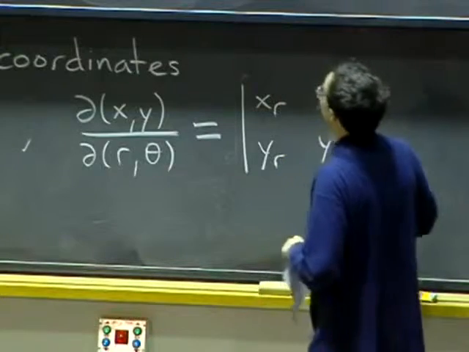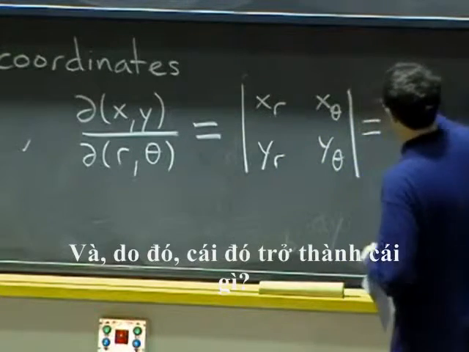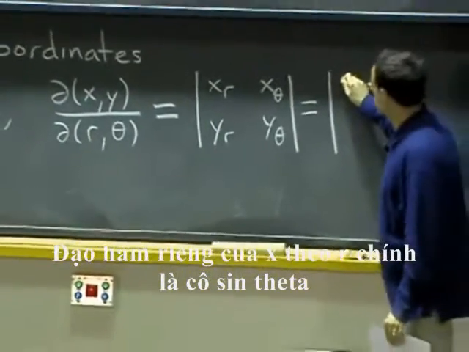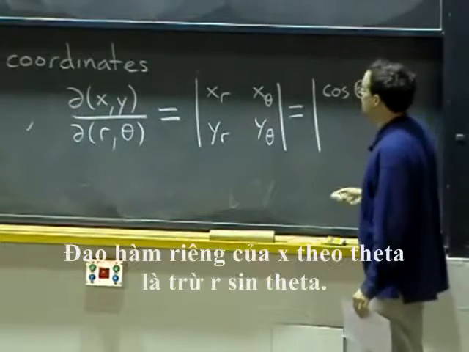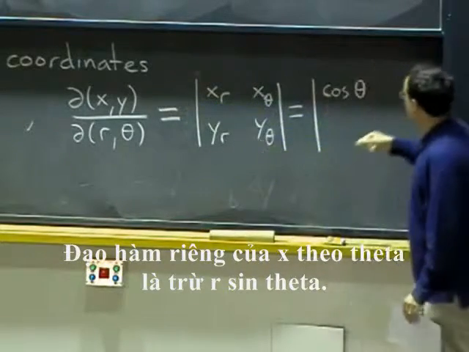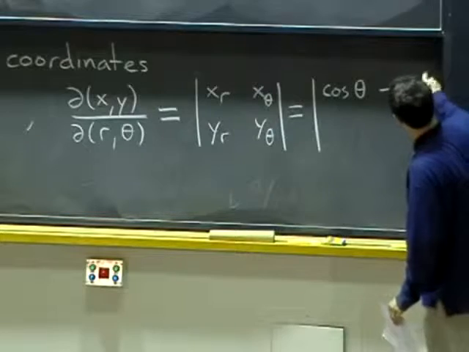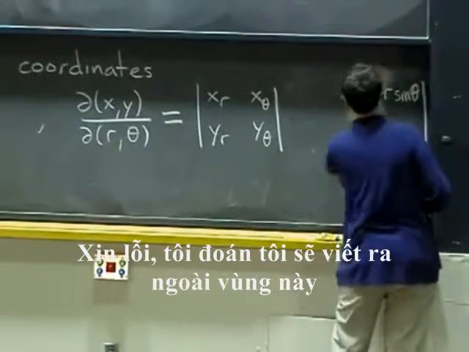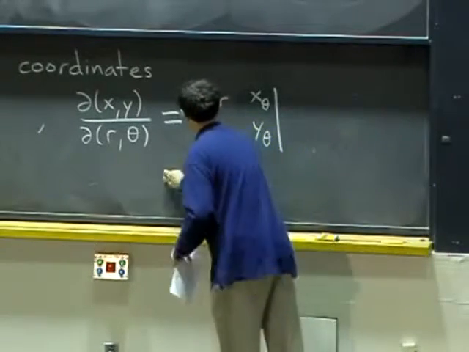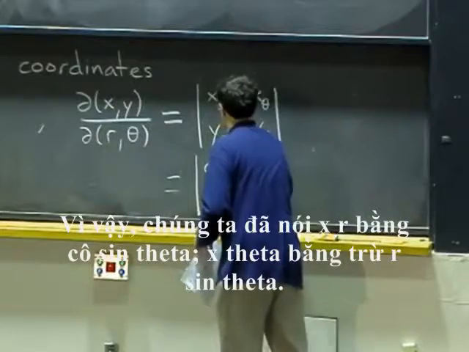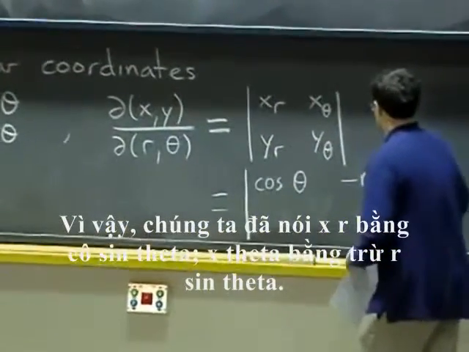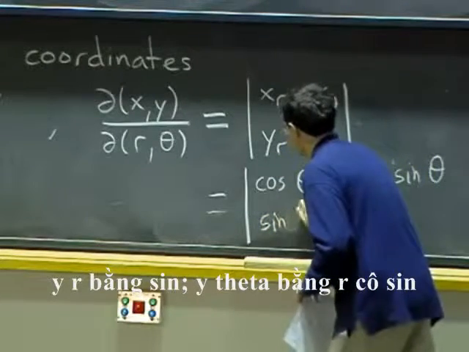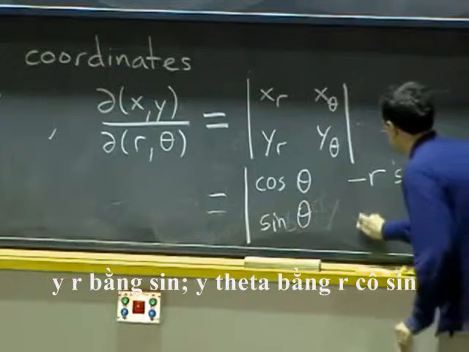And so what does that become? Partial x over partial r is just cosine theta. Partial x over partial theta is negative r sine theta. Sorry, I'm going to run out of space here, so let me do it underneath. So x sub r is cosine theta, x sub theta is negative r sine theta, y sub r is sine theta, y sub theta is r cosine theta.